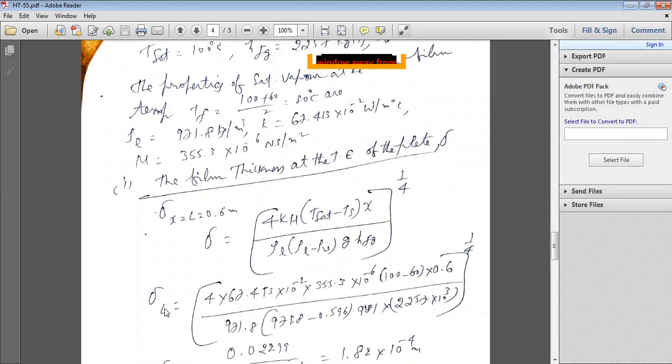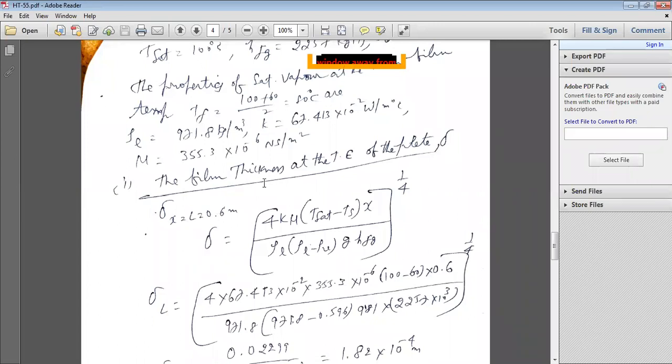Therefore, delta at x equal to L, that is delta L, is equal to 4 into K, thermal conductivity of the liquid, 67.413 into 10 power minus 2, into mu, 355.3 into 10 power minus 6, into T saturation 100 minus T surface 60, into x value 0.6, that is x equal to L equal to 0.6.